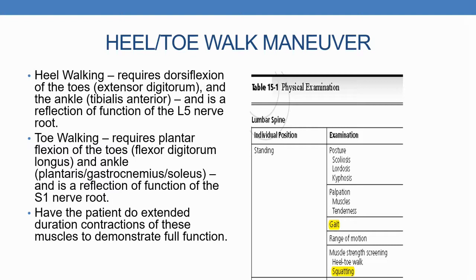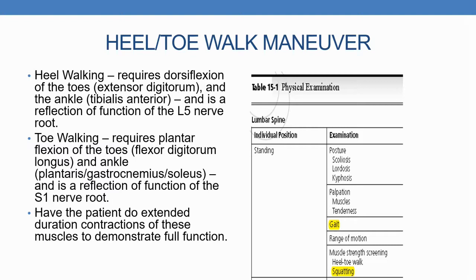Well, it's my contention and my opinion, and I'm going to take the position here officially, that the heel and toe walk maneuver is much more advantageous, much more telling, much more accurate than manual muscle testing, even of the same muscles. I'm going to explain why, and I'm going to try to convince you to re-enamor yourself with the heel-toe walk maneuver, because it has so many functional applications.